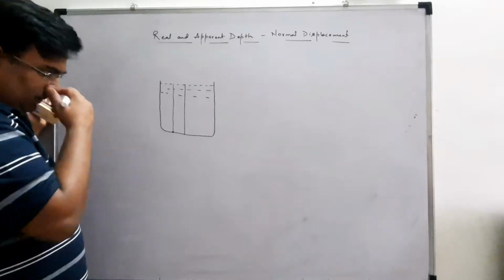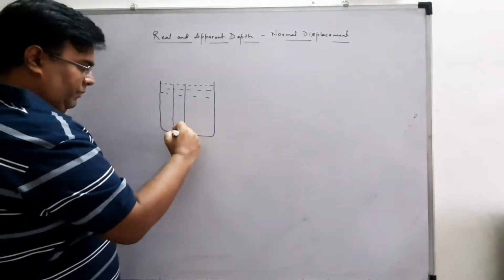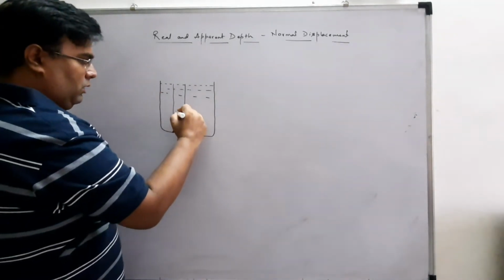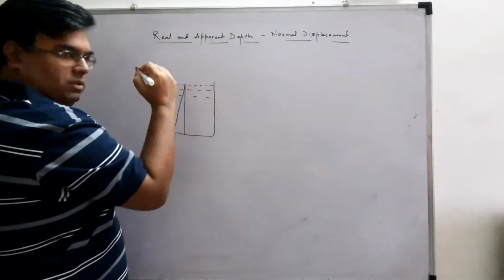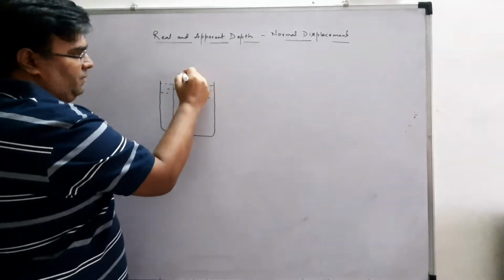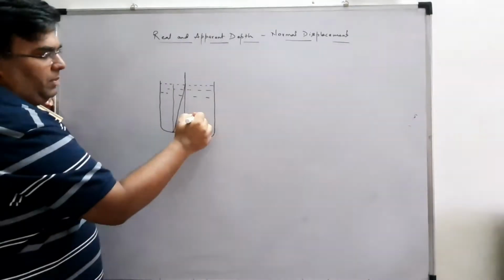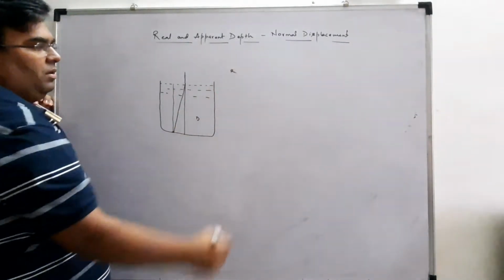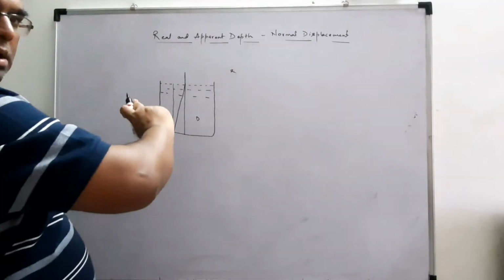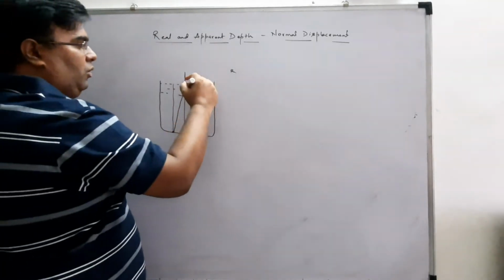What will happen? A ray which comes at the surface here, since this is my denser medium and this is my rarer medium, will bend away from the normal.